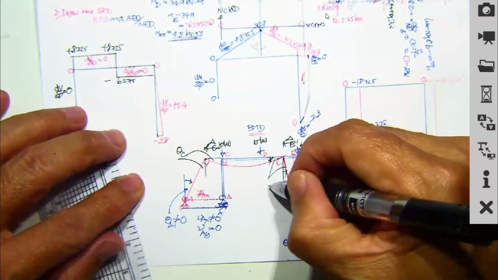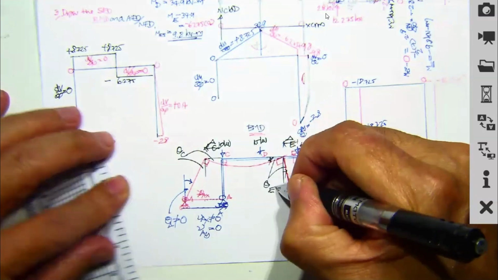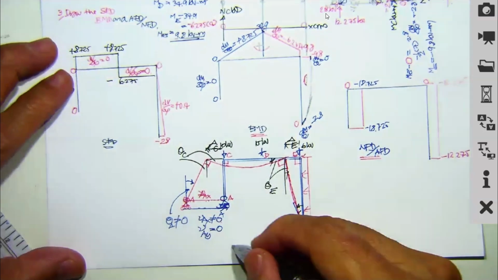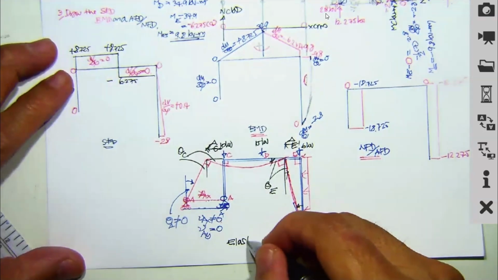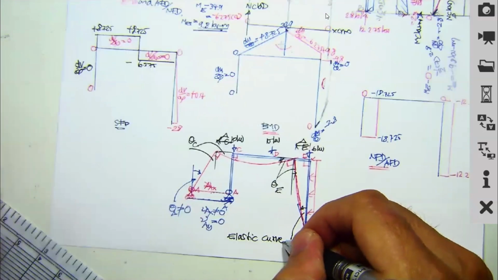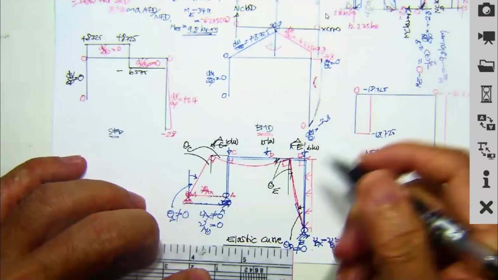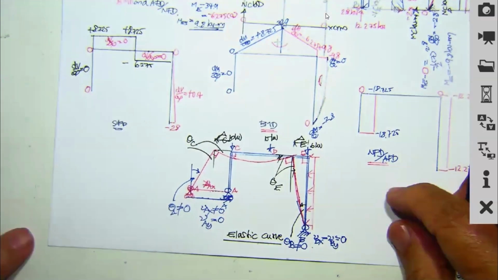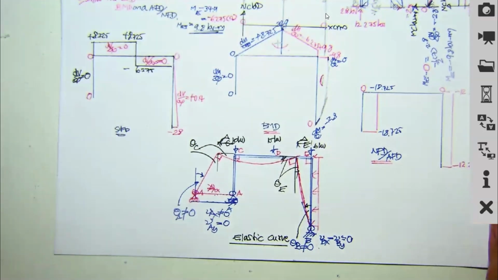This is going to be theta E. And all of this we call the elastic curve. This is called the elastic curve, drawn from the moment diagram.